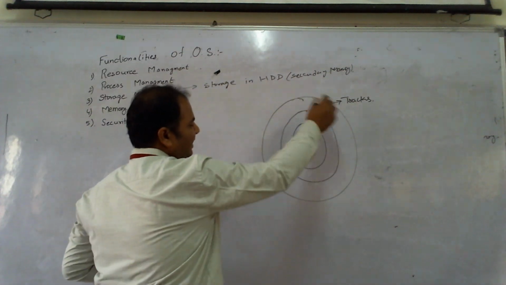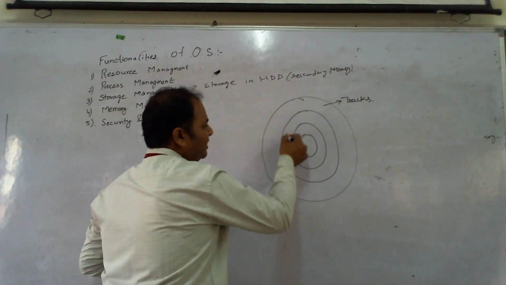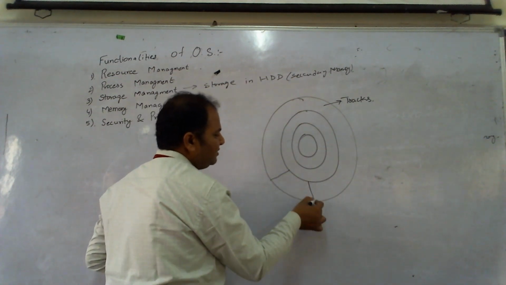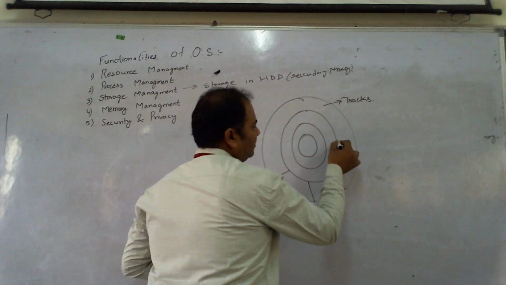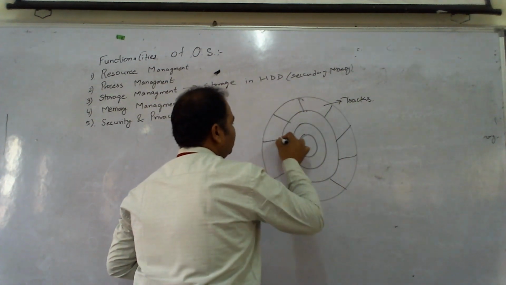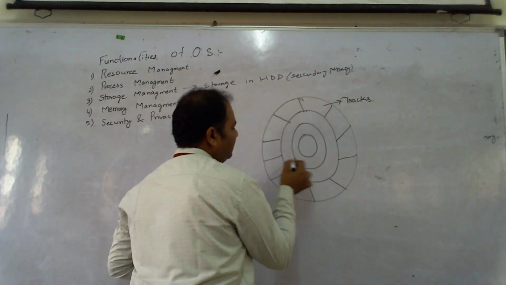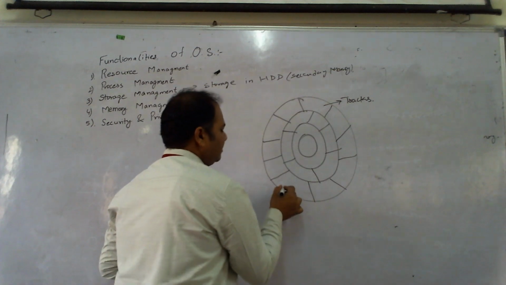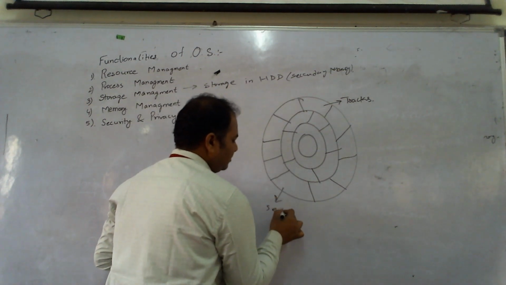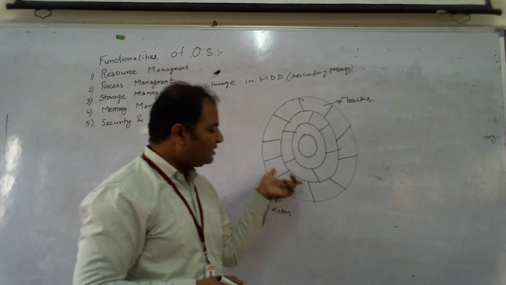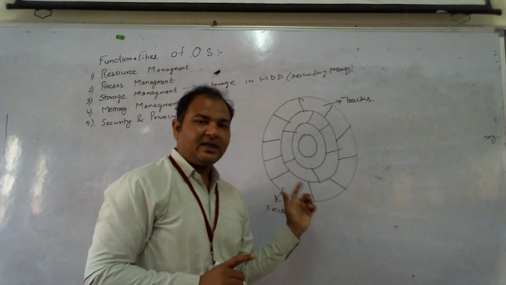And between these tracks, there are sectors. These are the sectors. So data is stored in the sectors, in a particular track and a particular sector.